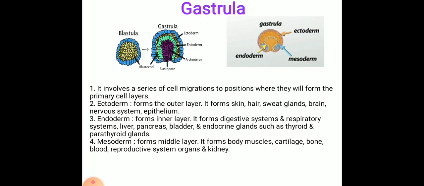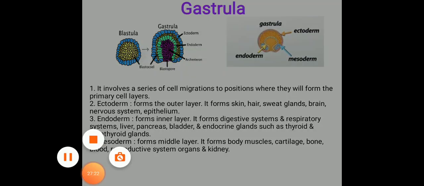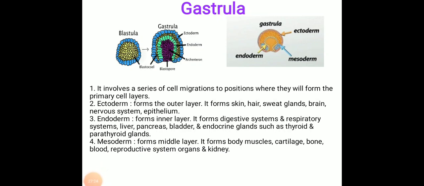So blastula to gastrula, the process is called gastrulation. You are going to see in the diagram also ectoderm, endoderm and archenteron. The cavity present in the gastrula is called the archenteron, otherwise it is also called the gastrocoel. Okay, in the left side there is a diagram, both diagrams are shown, the blastula and the gastrula.